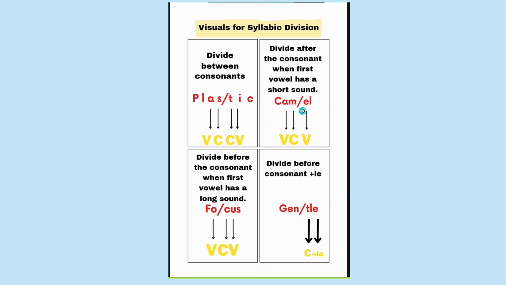Because of the listening practice, he will get to know the correct word is camel. So if we hear the short vowel sound, then we need to divide after the consonant in case of the VCV, vowel, consonant, vowel pattern.